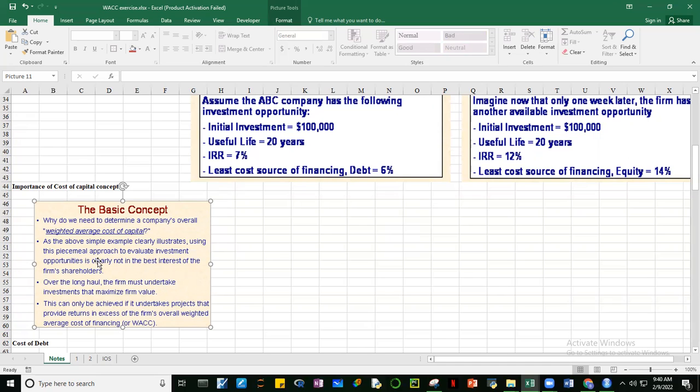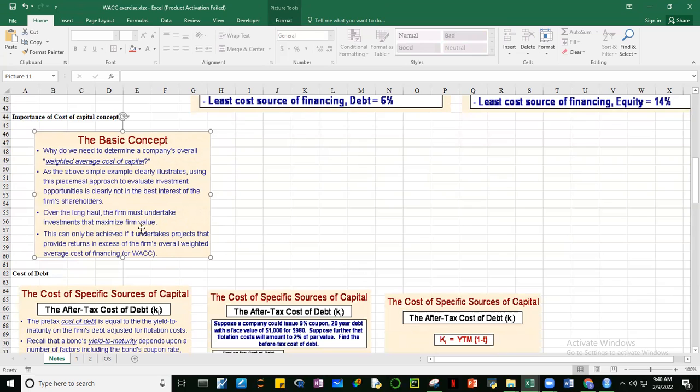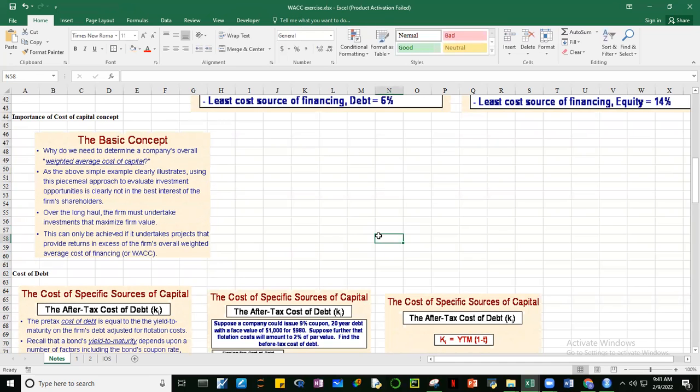So when we use the piecemeal approach to evaluate investment opportunities, it is clearly not in the best interest of the firm shareholders. Okay? Remember that any project that the company engages in should maximize shareholder value. And this can only be achieved if it undertakes projects that provide returns in excess of WACC. So dapat yung IRR dapat mas mataas kaysa sa WACC.